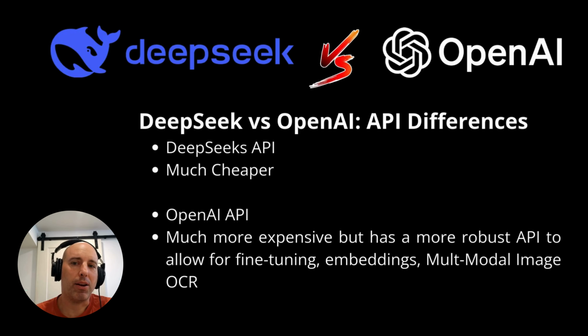So, just to say the API is much cheaper, yes, that's true, but you can't do everything with DeepSeek currently unless you use the open source model and do a lot of configuration by yourself. Fine tuning is when you give the model new data and specific information to be built into a new model, which you can actually do in OpenAI.